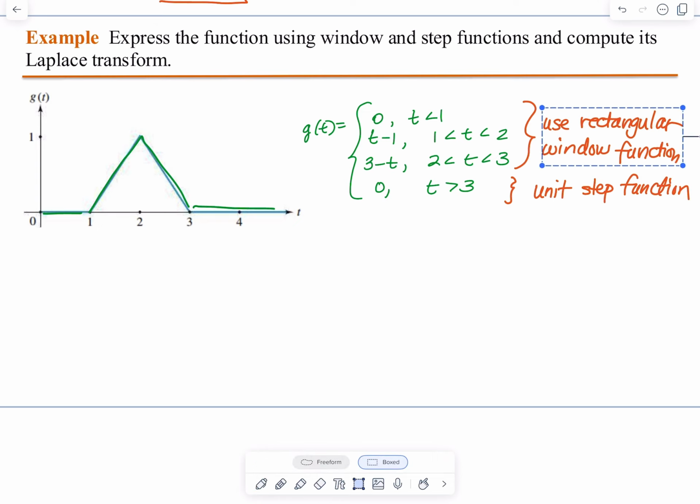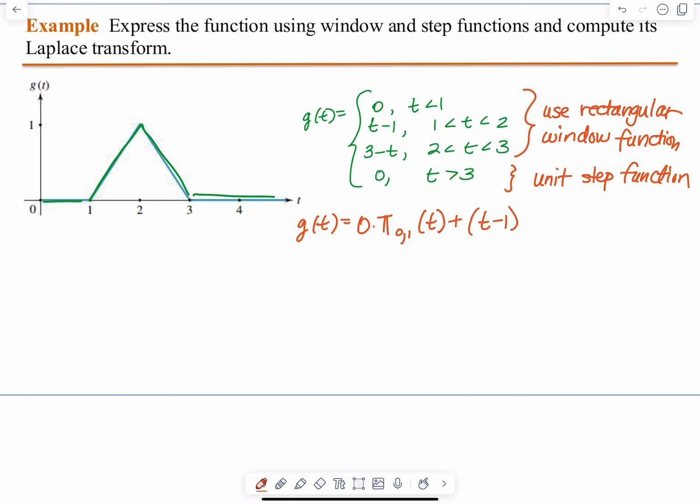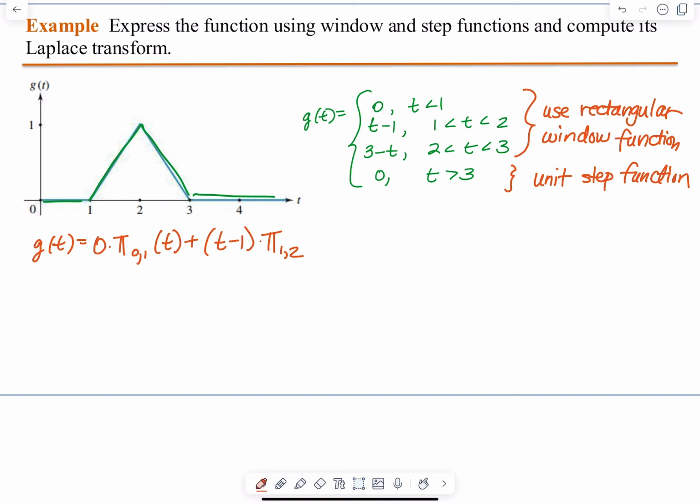So let's go ahead and we can say that g of t is equal to 0 times that window function from 0 to 1 of t, plus t minus 1 multiplied by that window function from 1 to 2 of t, plus 3 minus t multiplied by the window function from 2 to 3 of t.